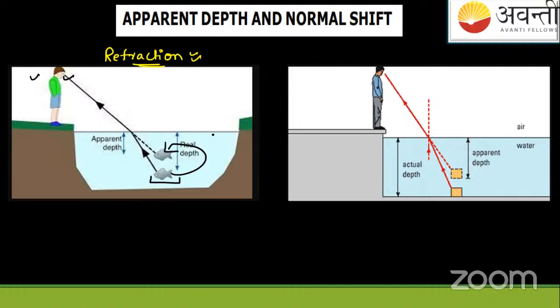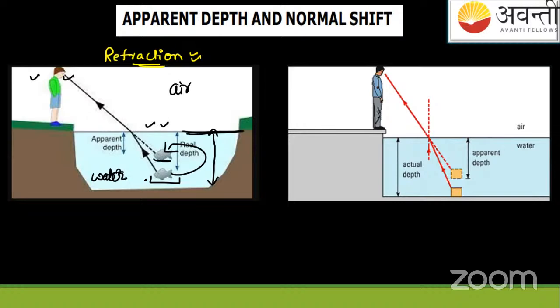This is the boundary separating two mediums, air and water. The fish is at its real depth, but to your eyes it will appear here. What is the reason?